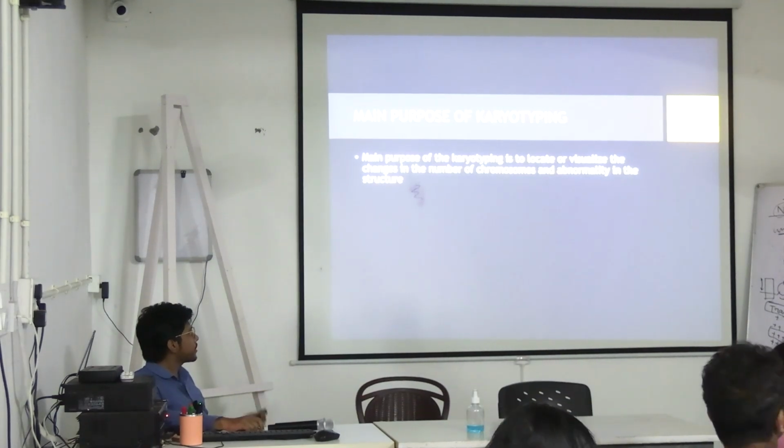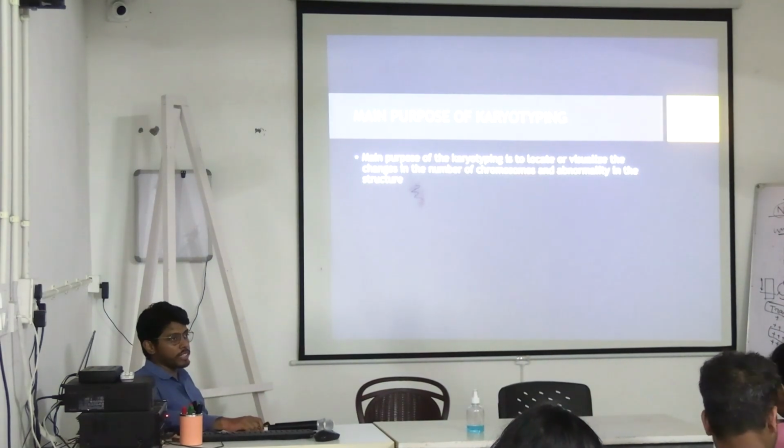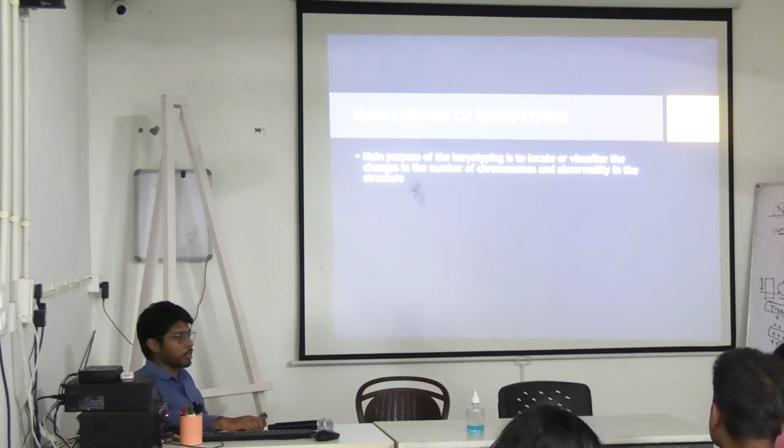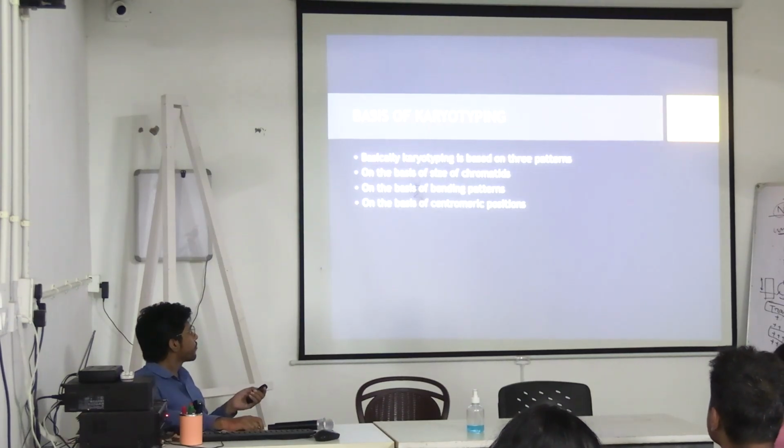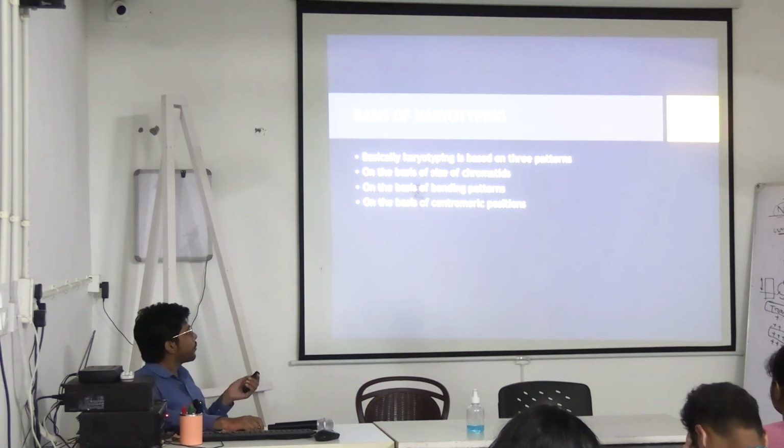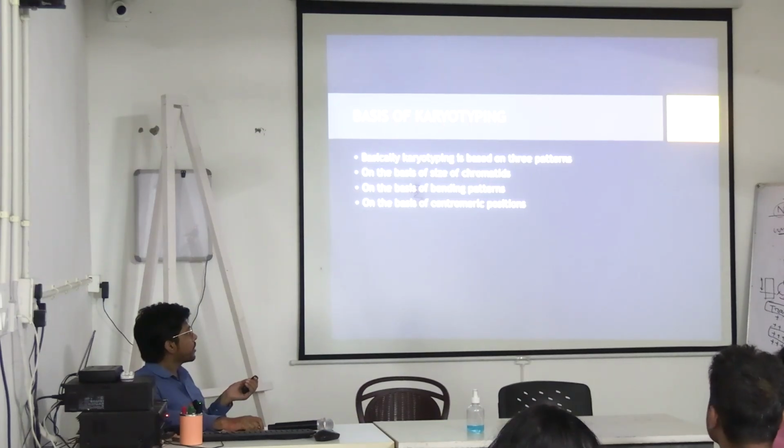What is the purpose? To locate or visualize the change in the chromosomal pattern. Karyotyping is done on 3 patterns: on the basis of size of chromatids, banding patterns and centromeric positions.